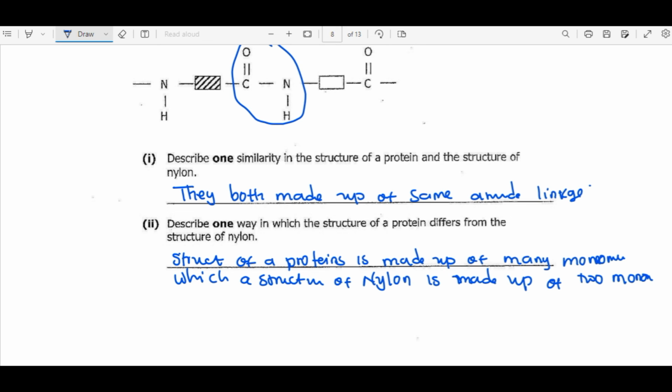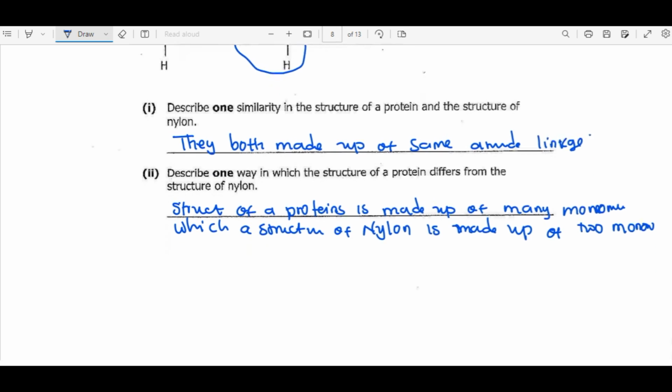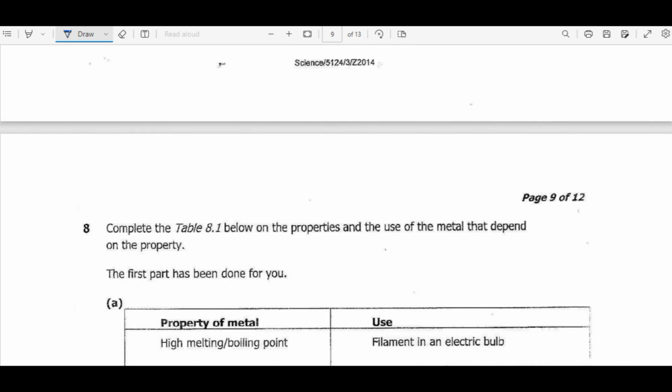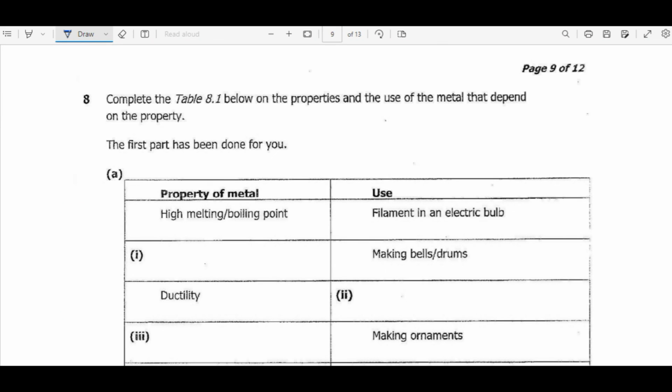So that's a difference that we can give, but there are so many differences, but I'm sure we can just end our, we still have one more question.